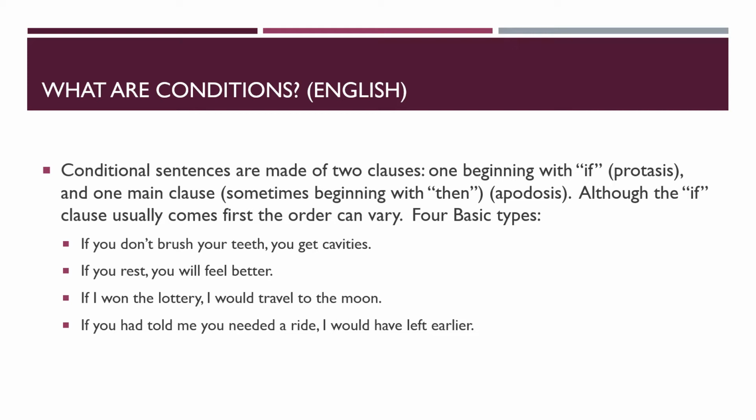The 4 types are broken down into how likely or how unlikely the action is, or the hypothesis is of the if. And so the more unlikely it is to occur, or the more likely it is to occur, would be the 0 condition. But we won't get into it.